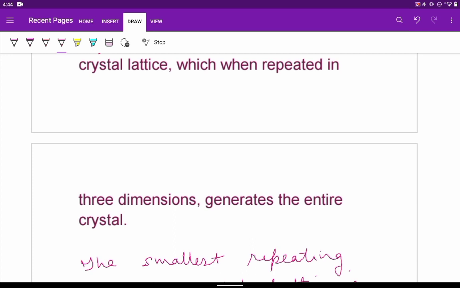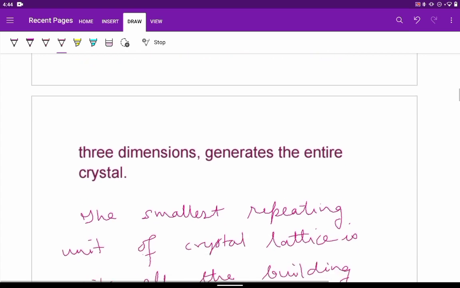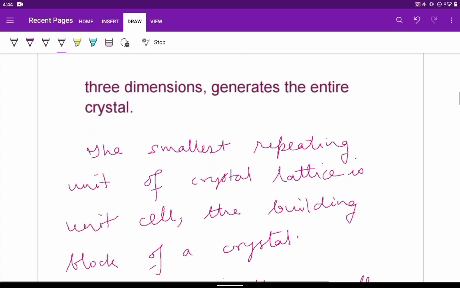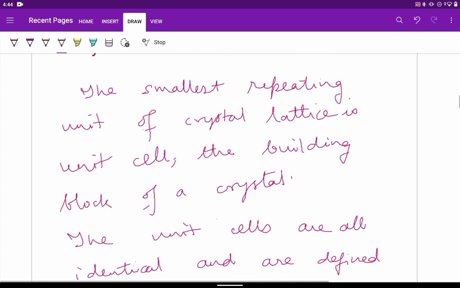You can imagine many identical building blocks which we keep putting side by side to generate the entire crystal. So the smallest repeating unit of a crystal lattice is a unit cell. They are the building blocks of a crystal, like bricks make up a building. Many unit cells make up the entire crystal.